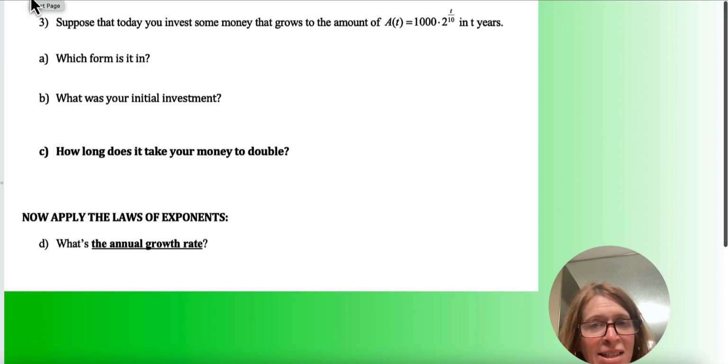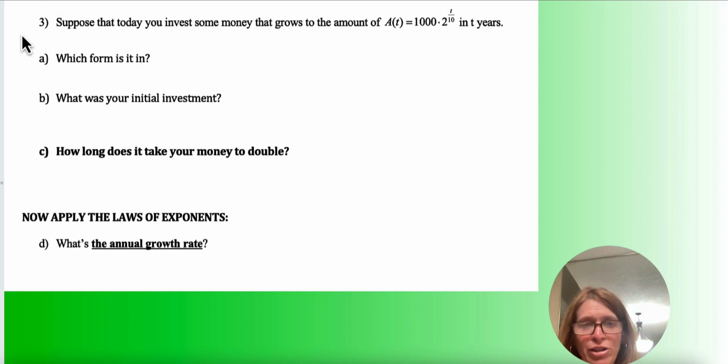So in this next example, I actually gave you the equation. Suppose that today you invest some money that grows to the amount A of t equals 1,000 times 2 to the t over 10 in t years. Which form is this in?